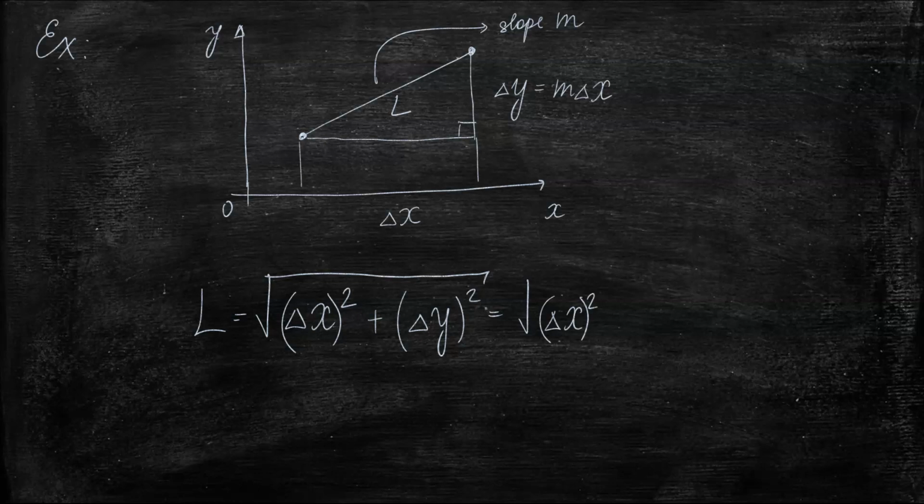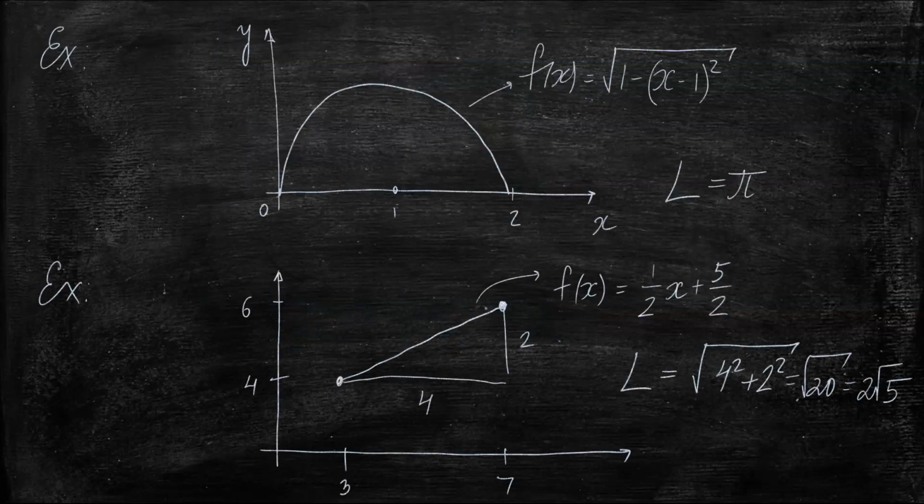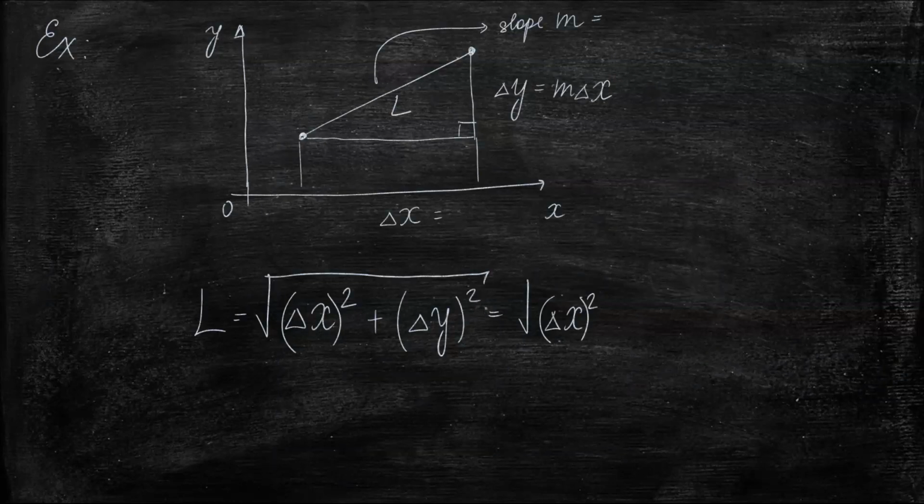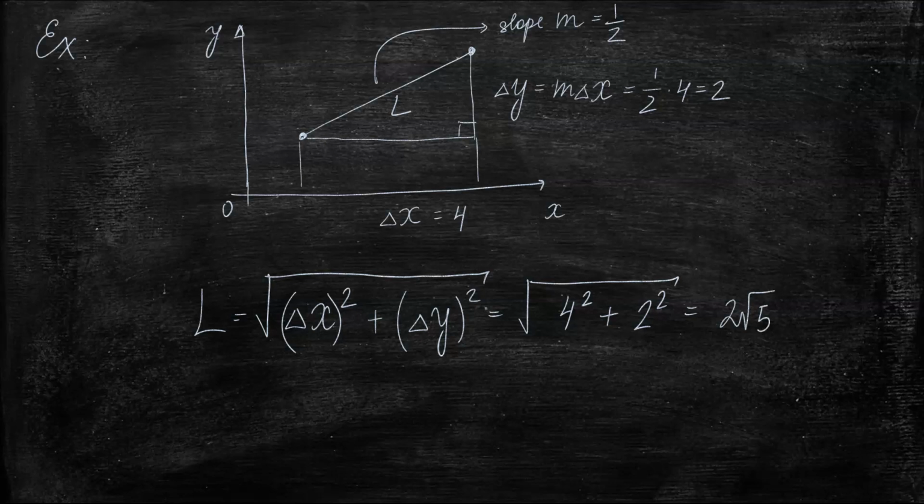Like in our previous problem, delta x was 4, delta y was 2, m was 1/2. So when we plugged everything in, we ended up with 4 squared plus 2 squared, which is what we got, 2 radical 5.